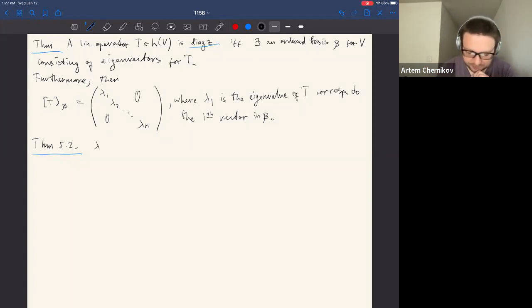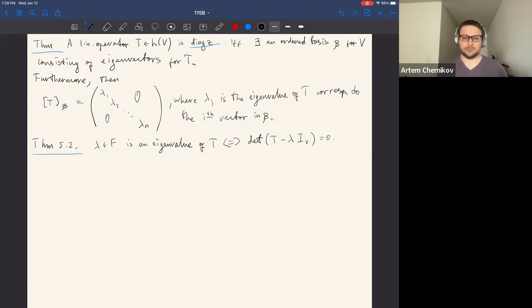So we have that lambda in F, a scalar, is an eigenvalue of T if and only if the determinant of T minus lambda times the identity transformation on V is equal to 0. So this theorem gives us a recipe for determining when something is an eigenvalue.